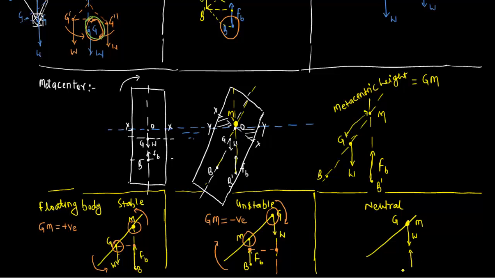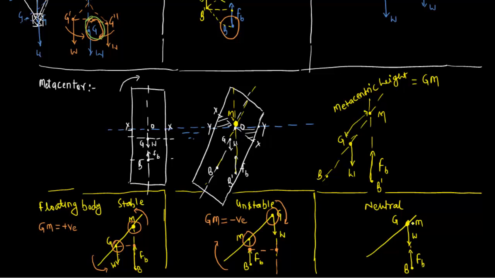This is our buoyant force acting at the center of buoyancy in the upward direction. In this case the center of gravity and metacenter coincide. In the earlier cases, weight and buoyant force were separated by some distance, so they were creating a moment.